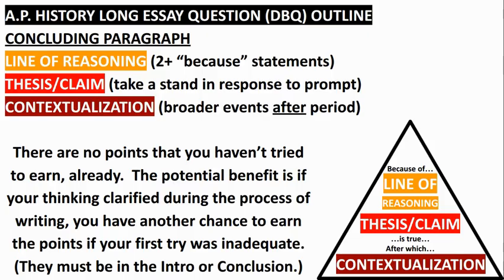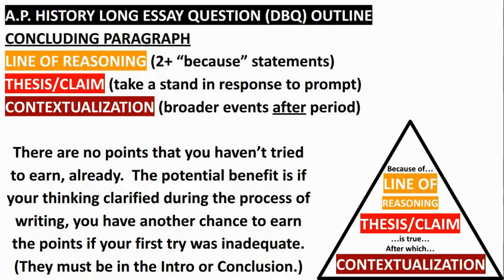And then contextualization is a point that must be earned, like the thesis claim line of reasoning. It must be earned according to the rubric, quote, in the introduction or conclusion. I've read thousands of these essays over the years. It is not uncommon that a student tries to earn one or both of these points at the beginning of the essay and fails because their thinking's not clear or they're off task.